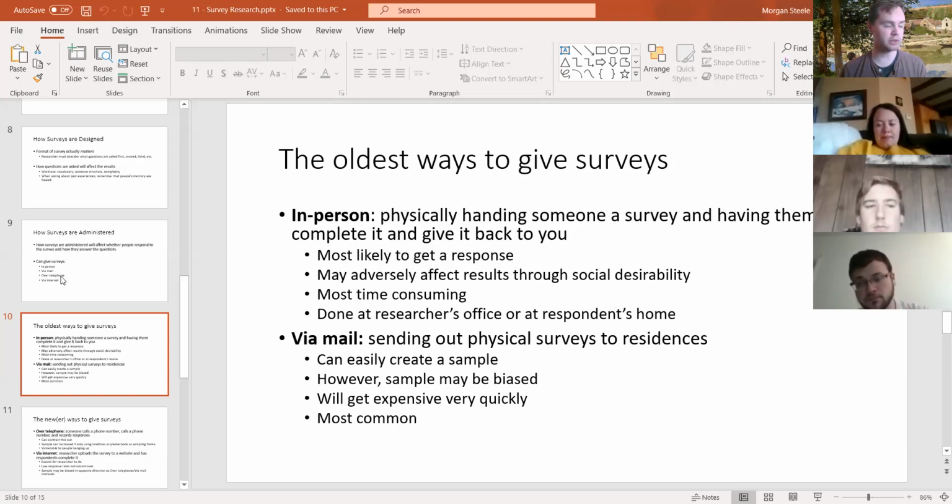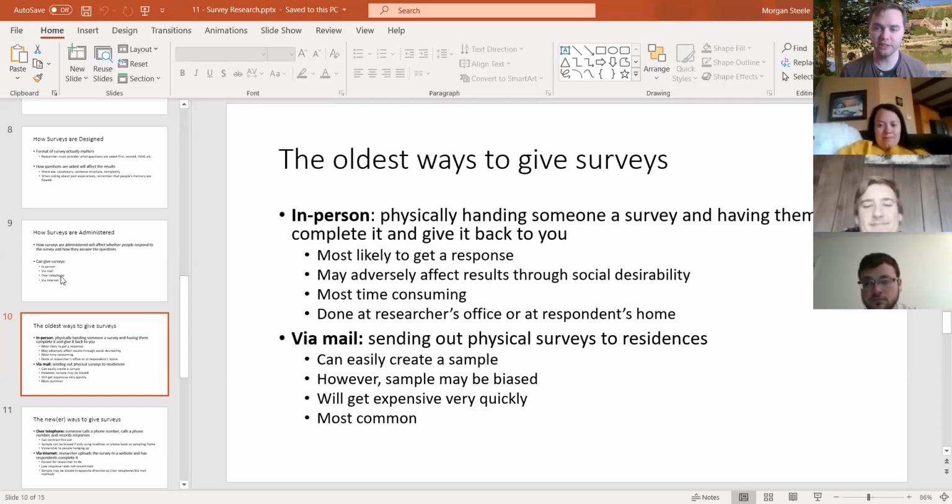There are only 11 people in here. How can I make sure that my responses are anonymous? So social desirability. You don't want to upset the person who is grading your paper, or you don't want to offend the person by saying, hey, you kind of sucked this week. So social desirability is going to play a big role.